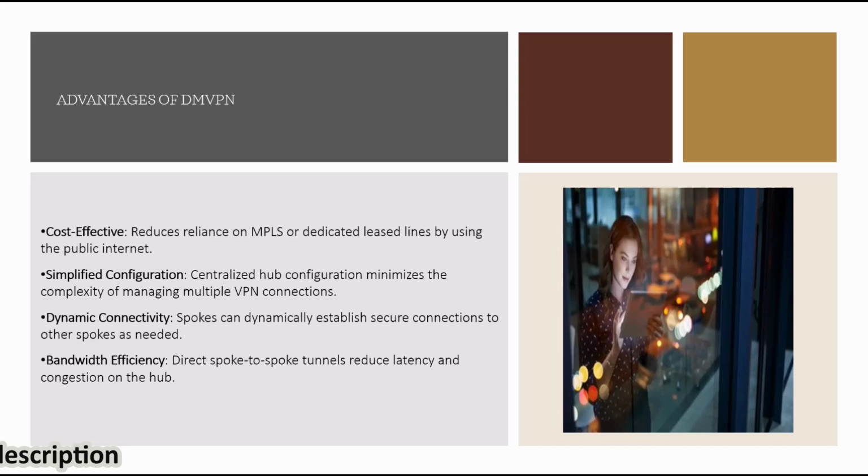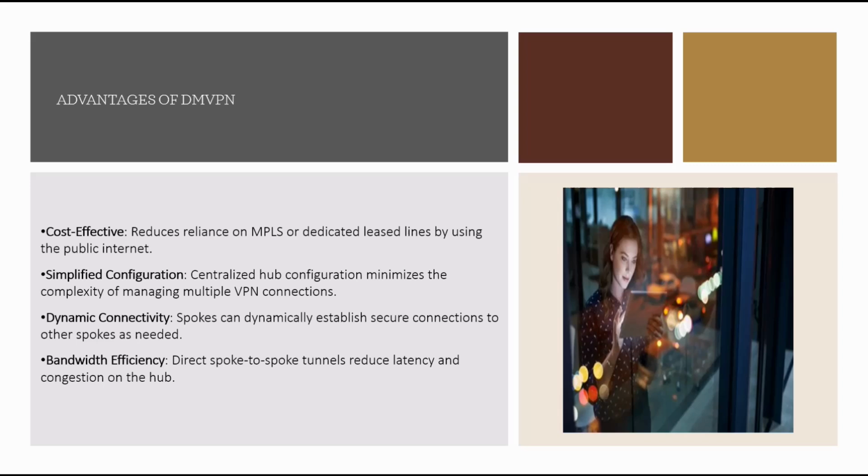So here we will talk about the cost-effectiveness of DMVPN. It reduces reliance on MPLS or dedicated leased lines by using the public internet. So that public internet could be just a fiber connection to the site or a cable connection to the site, and you can connect that to the router and configure the DMVPN on those routers.